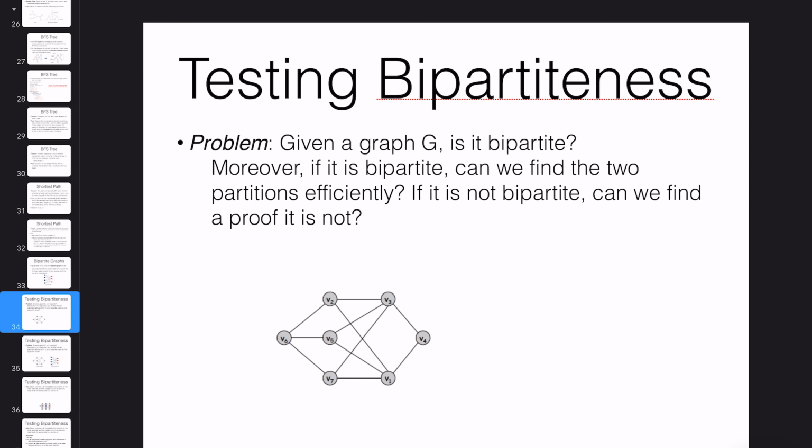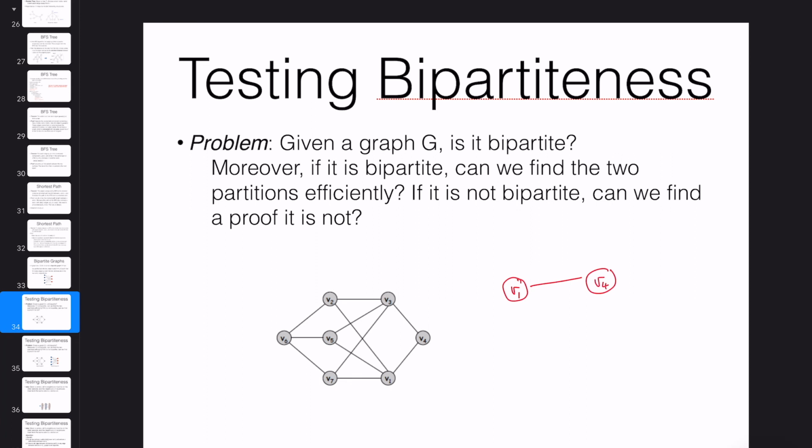So if you work over this example, you will see that yes, this is bipartite. I can find these two sets. For example, if I started from V1, I put all the other nodes which are connected to this one in the other set because they cannot be in this set.